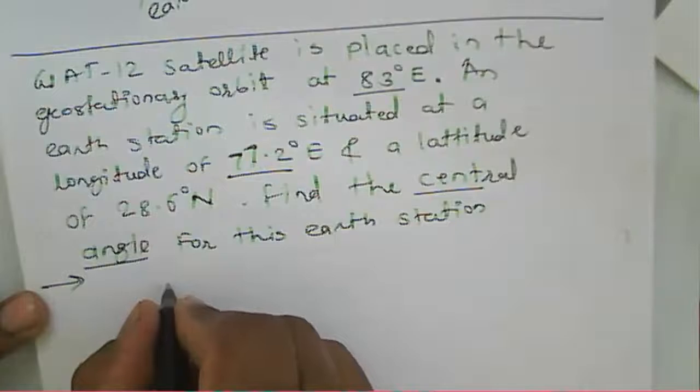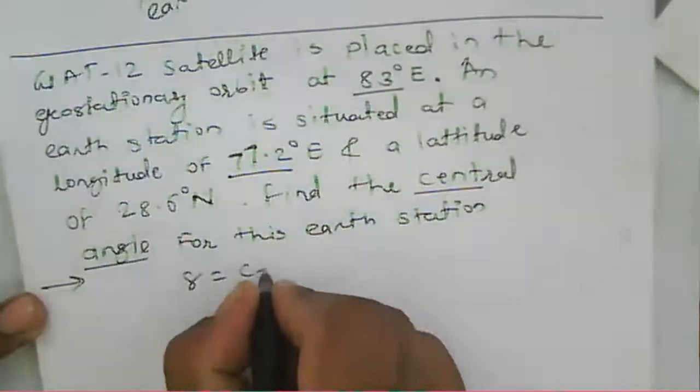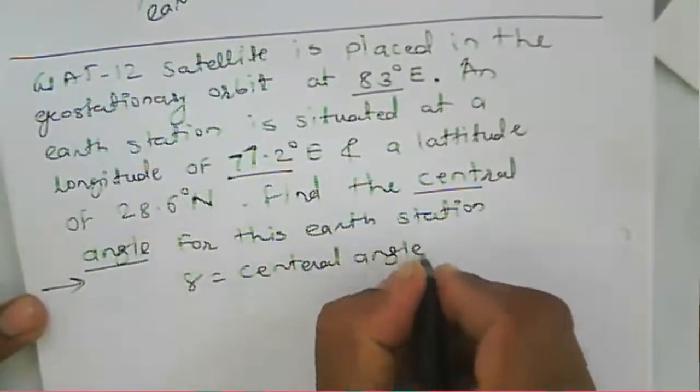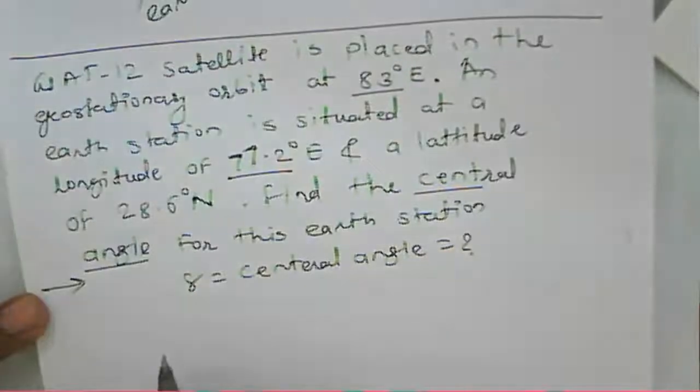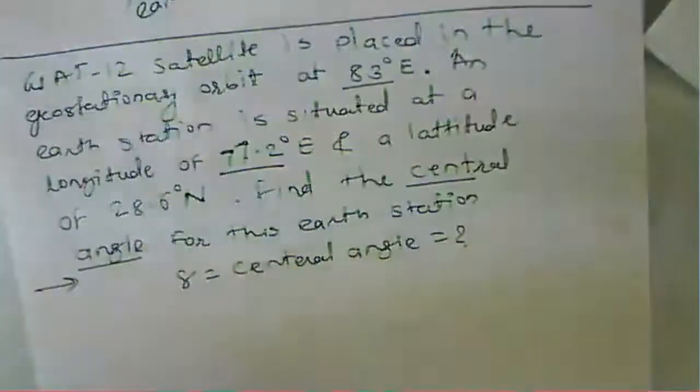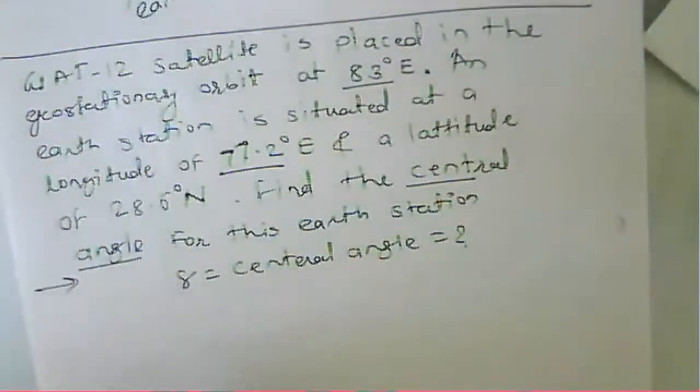That central angle is nothing but gamma here, that is to be obtained, and that central angle is nothing but a cos of gamma.